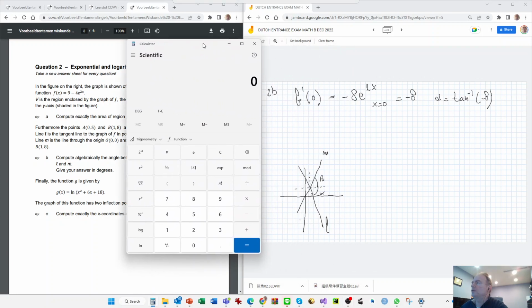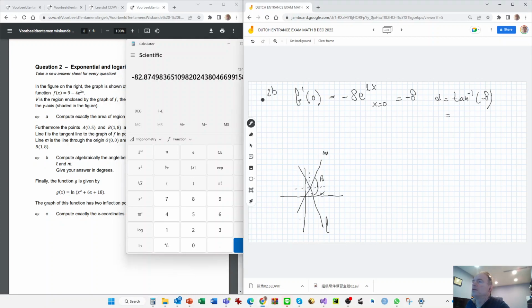That is 8 negative inverse tangent, is minus 82.9.